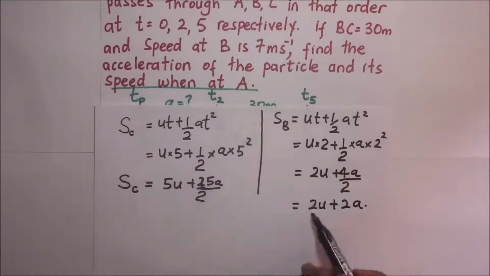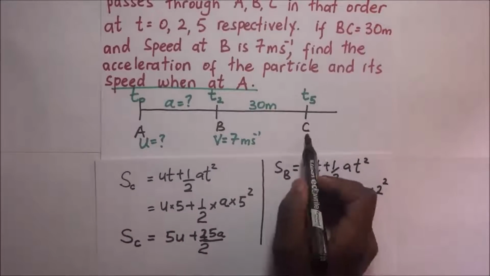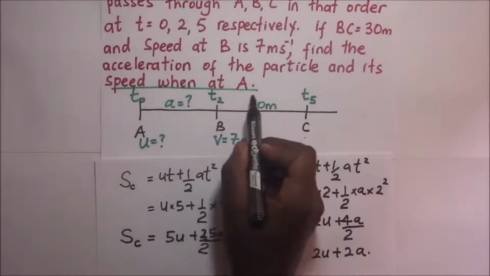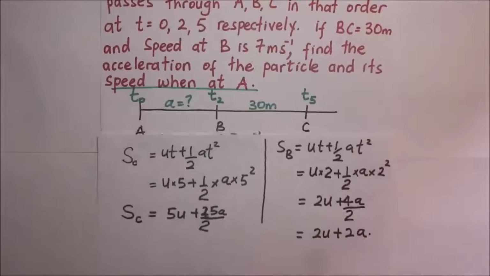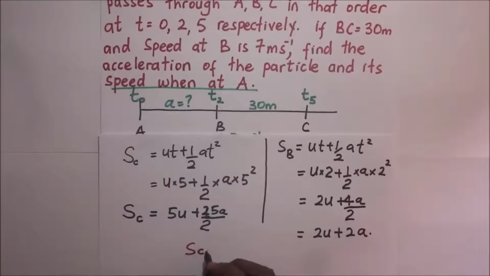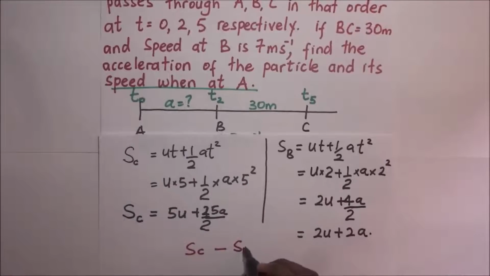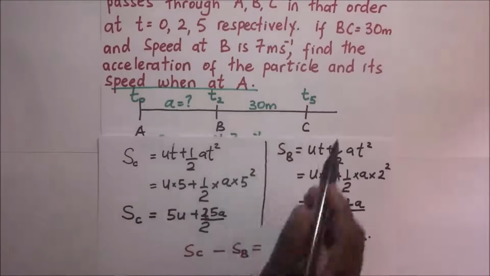So we have our expression for SB, we have our expression for SC, and we know that SC minus SB gives us 30 meters. So the distance covered after C minus the distance covered after B gives us 30 meters.